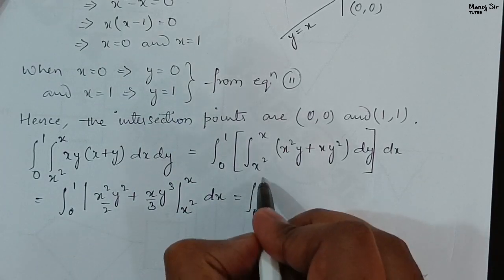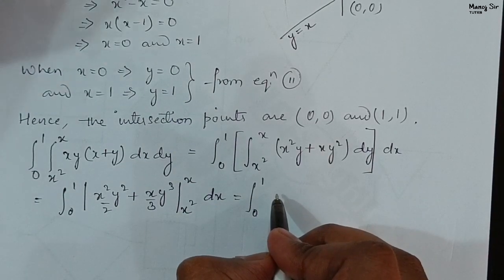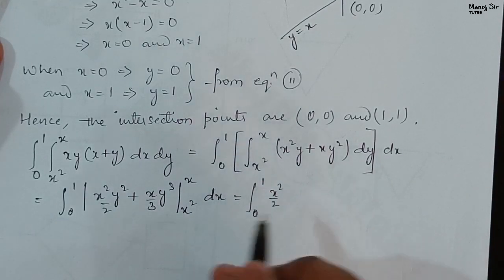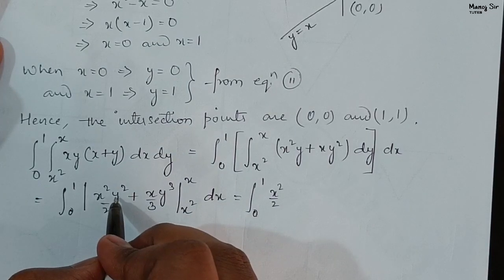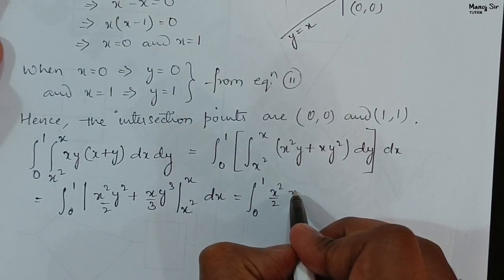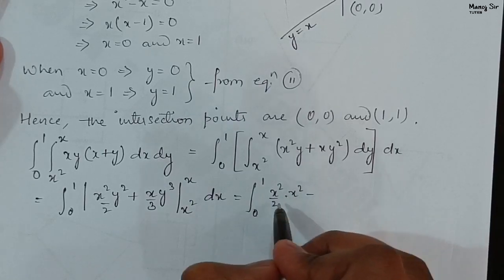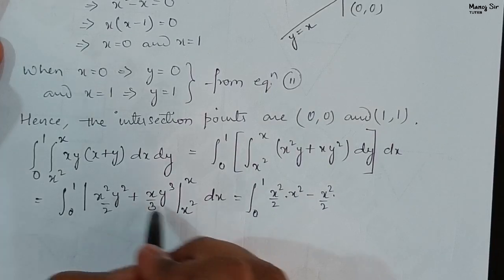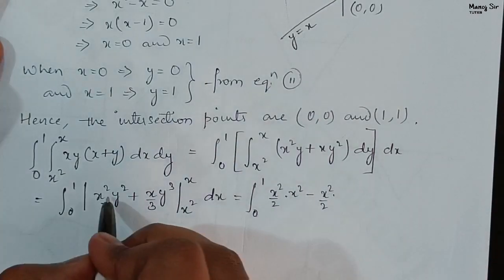So integration 0 to 1. Here this x square upon 2 is as it is. Y will change: in place of y we put the upper limit x, so this is going to be x square, minus x square upon 2 with the lower limit x square in place of y.